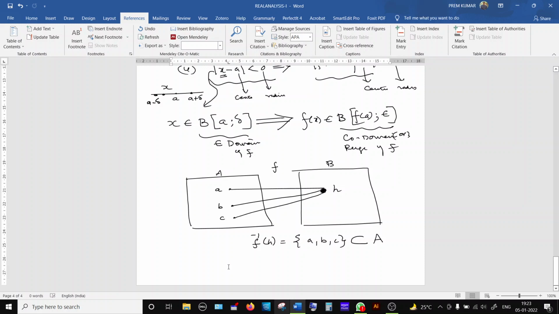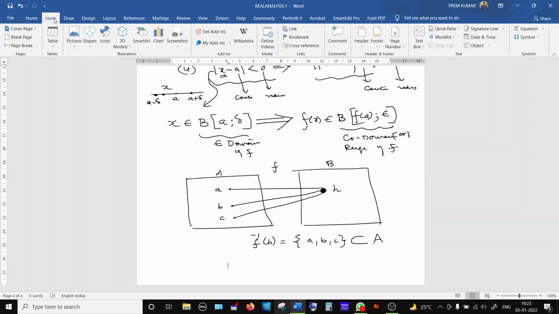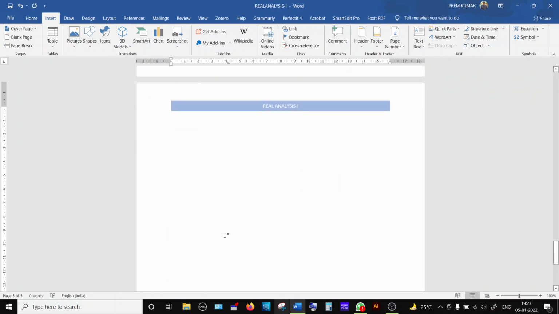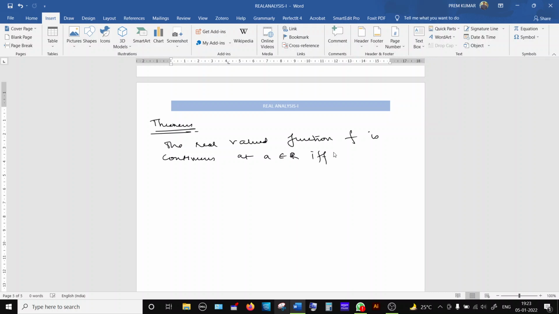So now I am going to define the same continuity definition in terms of inverse functions. That is, we write it like a theorem. See, the real valued function f is continuous at the point a in R if and only if. Always definitions are if and only if statements.